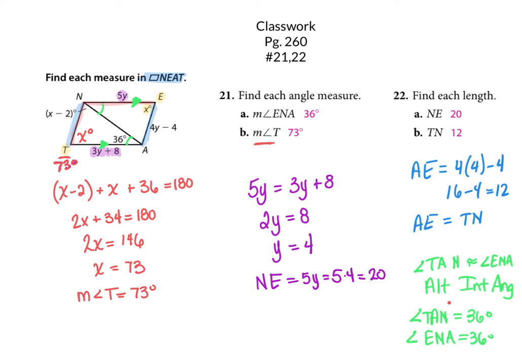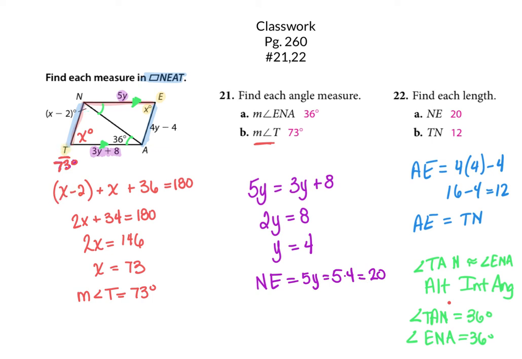All right, let's look at B. The measure of angle T. Well, angle T and angle E are opposite, which means they're congruent. So if angle E is X, then so is angle T. And then I have this little triangle, NTA. Triangles always add up to 180.